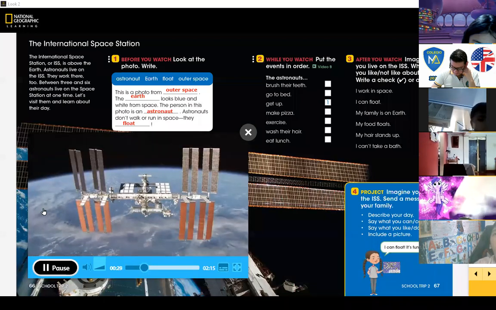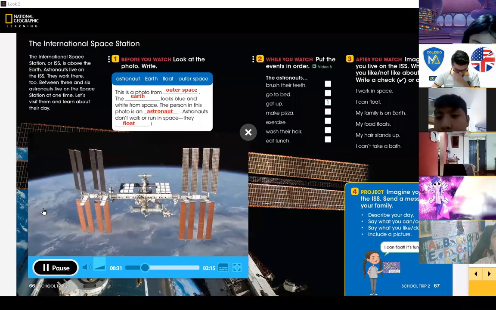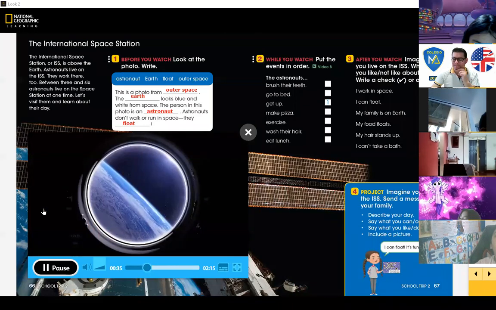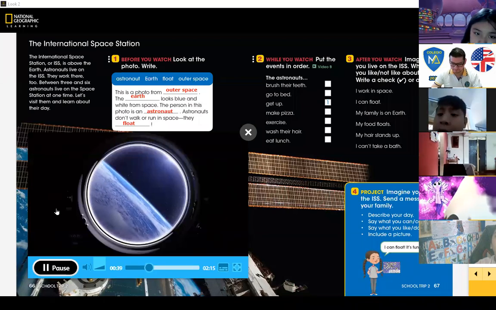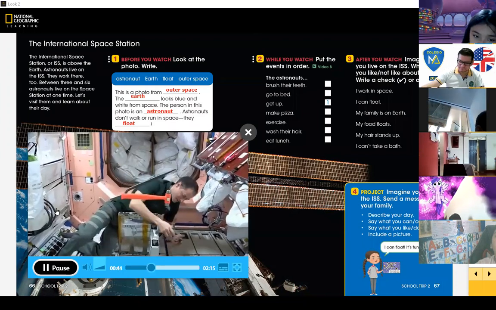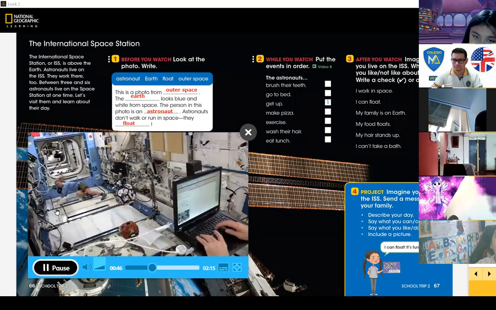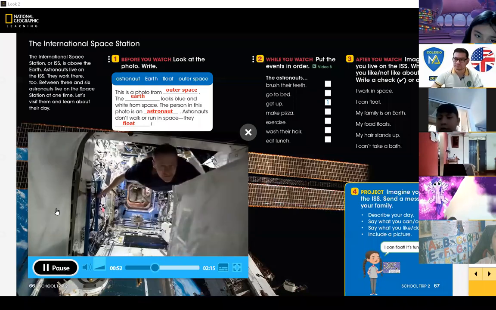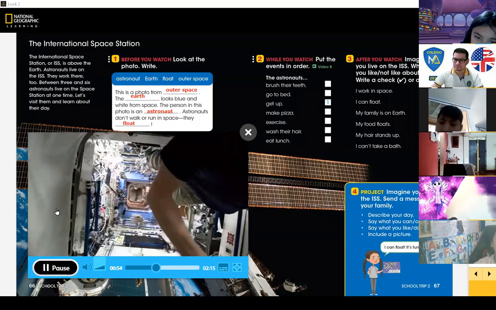Today, we're at the International Space Station. Wow! Look outside the window. This is the Earth. It's beautiful. Astronauts live and work in space. Now that's a cool job. They don't walk around the station. They float.